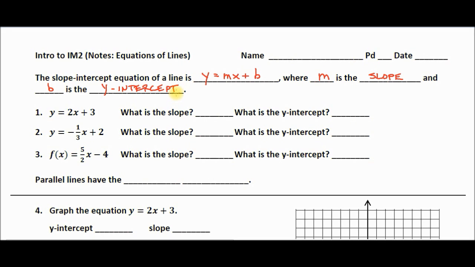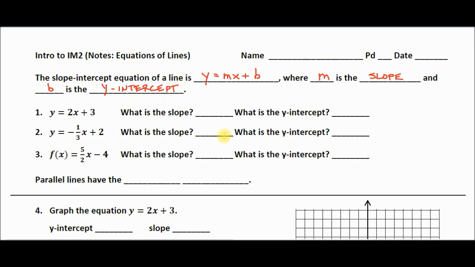You're throwing a pass and somebody gets in the way and takes the ball away from you. Well, if this is a coordinate grid and we draw a line on that, intercept means the y-axis is getting in the way of, or crossing or touching our line. So that's why we use the word intercept here.